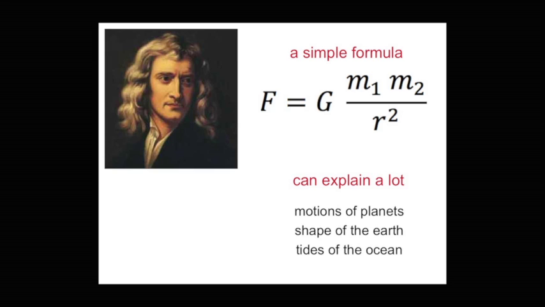In fact, sometimes very simple equations, like Newton here in his law of gravity, can have very far-reaching consequences. This very simple equation explains the motion of the planets across the sky, the shape of the Earth, it's a little fatter around the equator, and tides in the ocean.